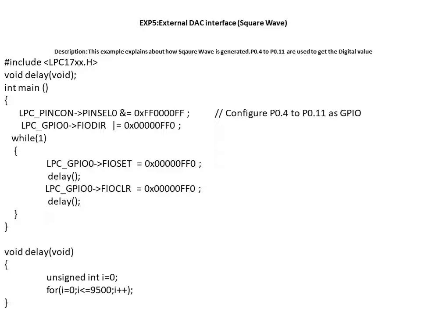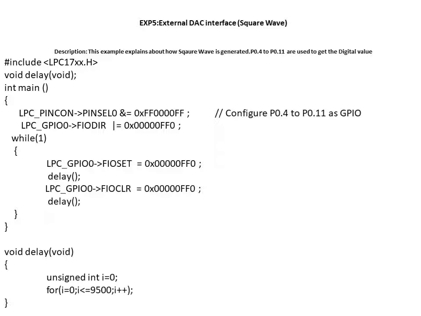In this loop, we are making use of two registers, FIOSET and FIOCLR. The FIOSET register is the fast port output set register using FIOMASK. This register controls the state of the output pins. By writing 1, it produces high at the corresponding port pins.